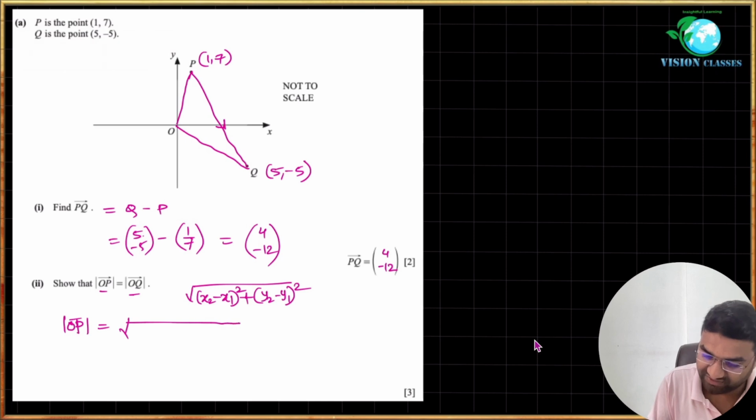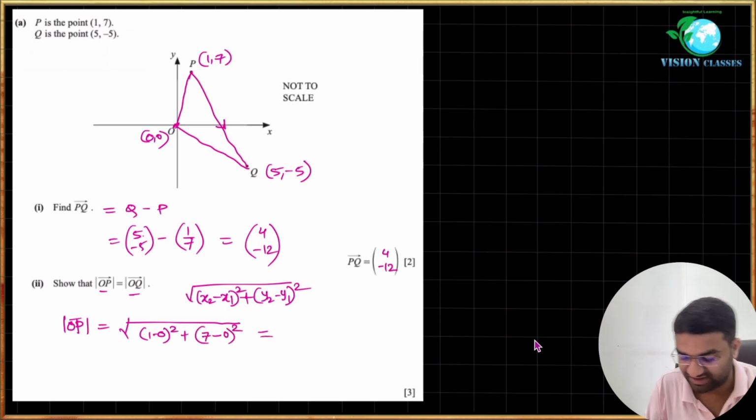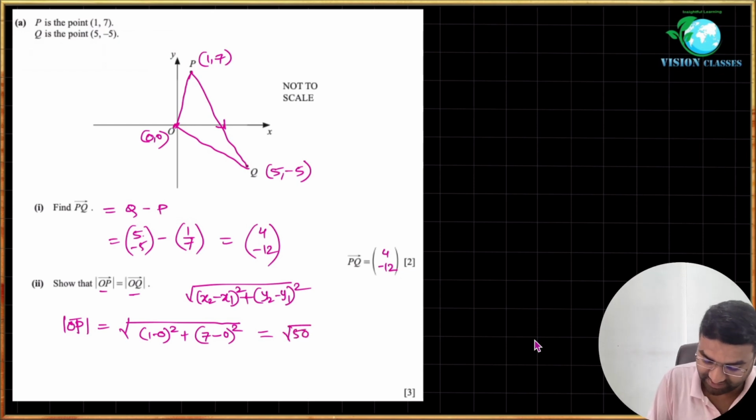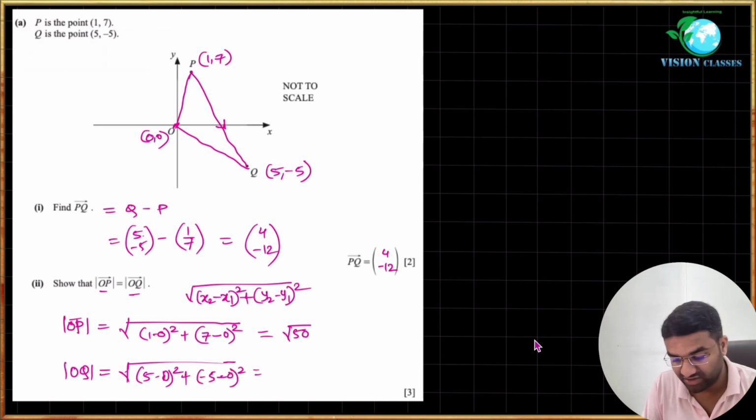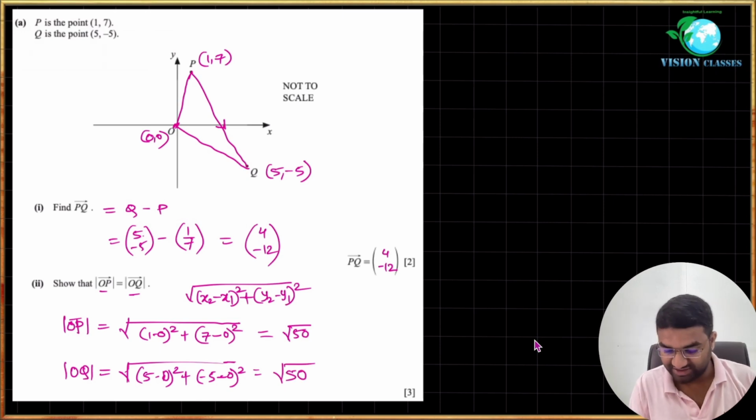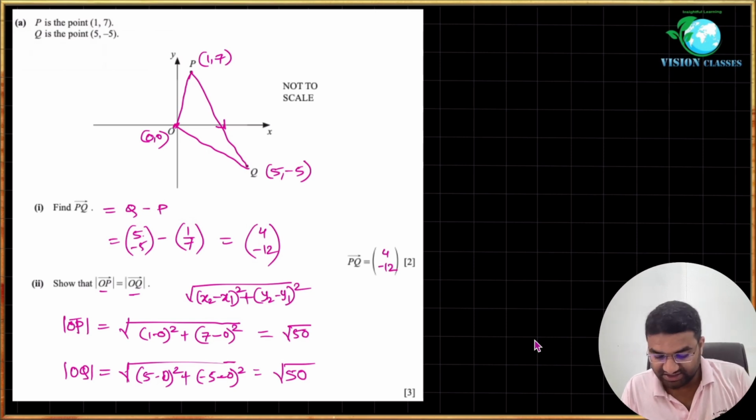So square root of (1 minus 0) squared plus (7 minus 0) squared is equal to square root of 1 plus 49, which is root 50. Similarly, we will calculate OQ as well. So square root of (5 minus 0) squared plus (-5 minus 0) squared, which will again be root 50. So it means OP is equal to OQ. We can say that. And yeah, that's it. Fine.